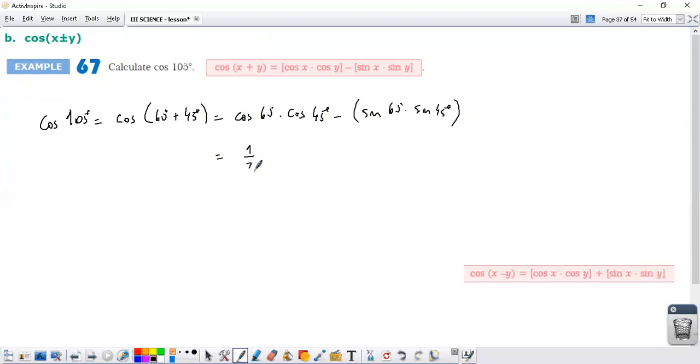Cosine 60 is 1/2, cosine 45 is root 2 over 2, minus sine 60 is root 3 over 2 and sine 45 is root 2 over 2. After that, we're going to have for cosine 105 degrees, root 2 minus root 6 over 2.